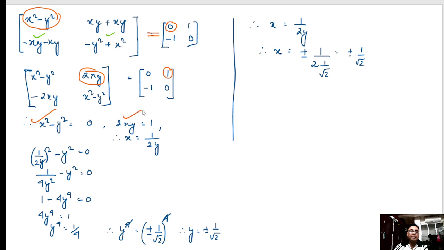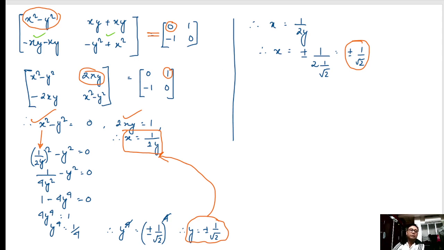See, from here x equal to minus 1, x equal to 1 by 2y, we will put it here in place of x, and then we will calculate why we are getting this value. We are solving it and we are getting y this value. Now we will put the y back here, and we will get the x. So this is our solution. This is how we solve this part. Clear?